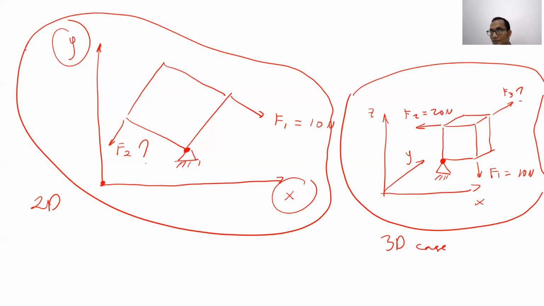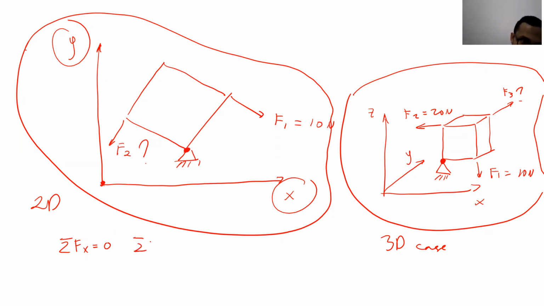What's the difference between two-dimensional and three-dimensional? When we talk about equilibrium in the two-dimensional case, we only need three equations to solve it. What are those equations? Sigma Fx equal to 0, because in order for things to be in an equilibrium, stable state, the total force in the x direction is supposed to be equal to 0.